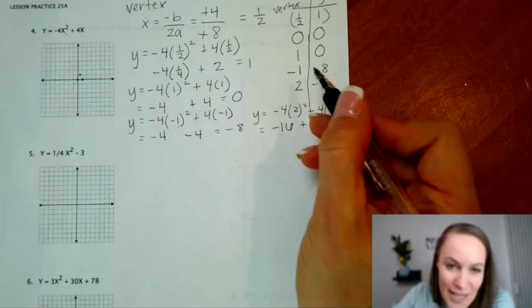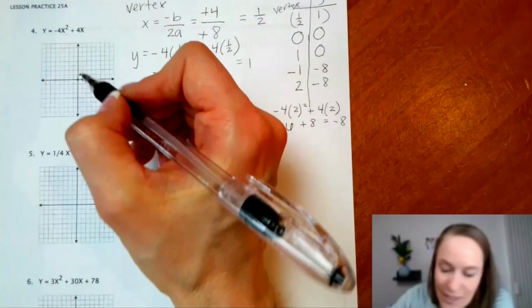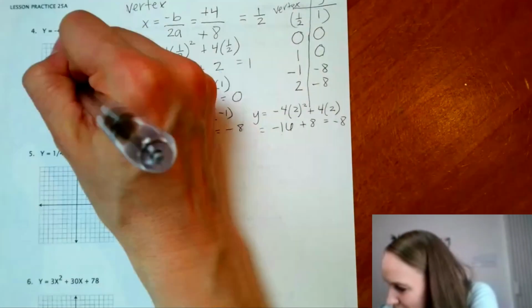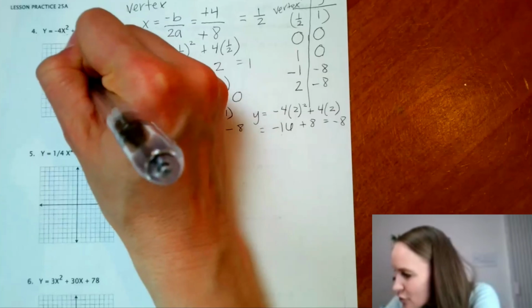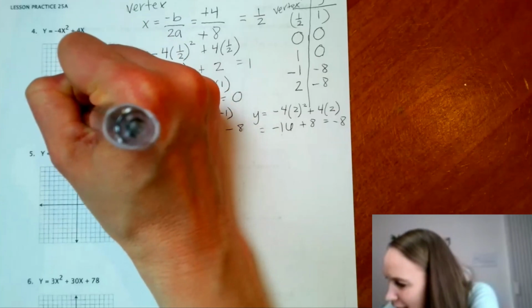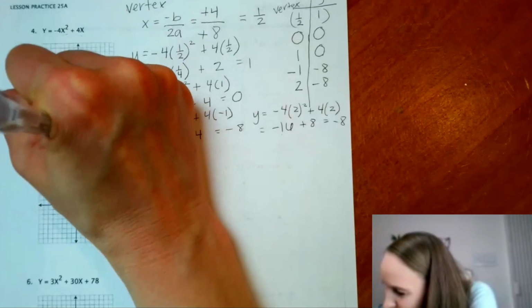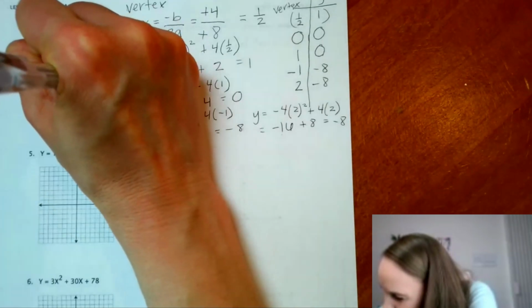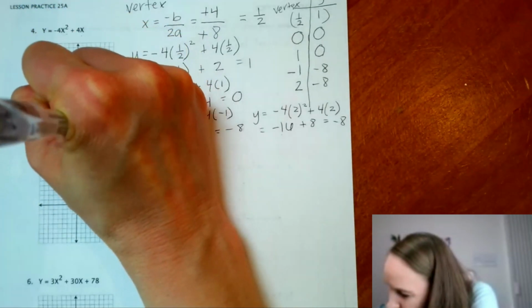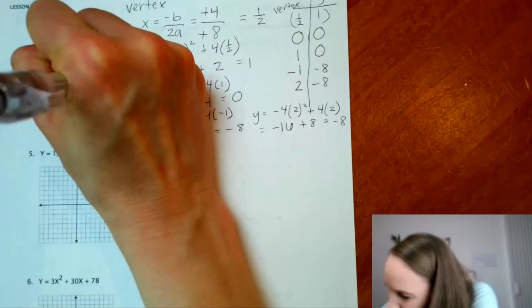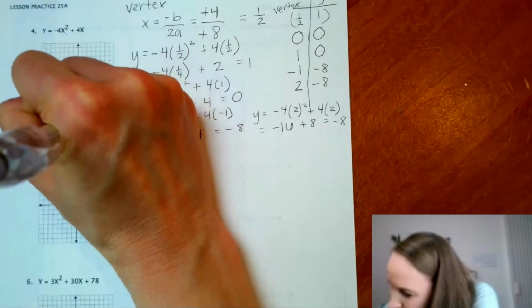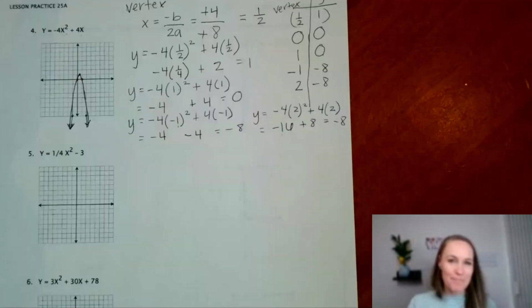Okay, so let's graph these. Negative 1, negative 8, and then 2, negative 8. And there we are. So now we're going to try to draw a very nice U shape. And there we are.